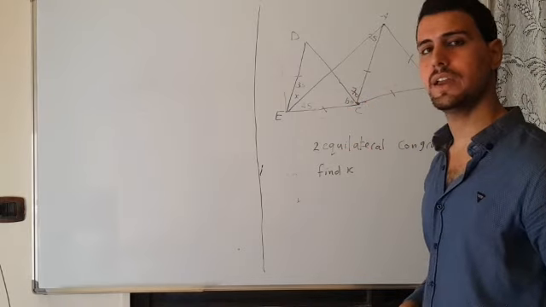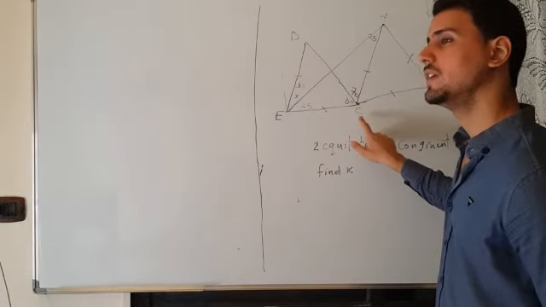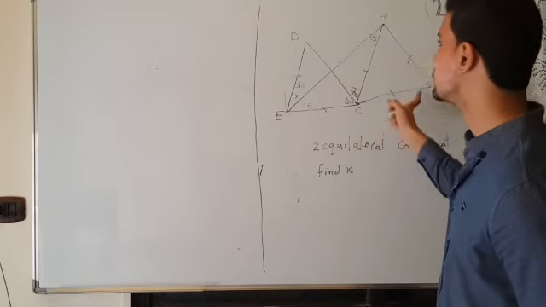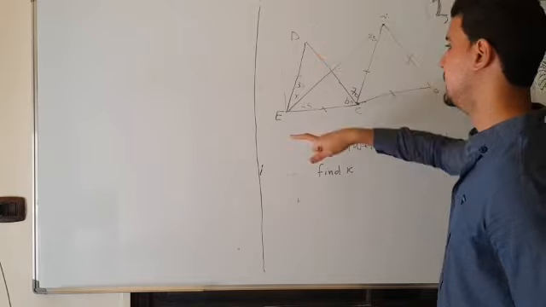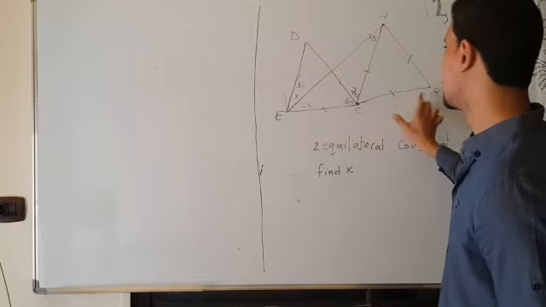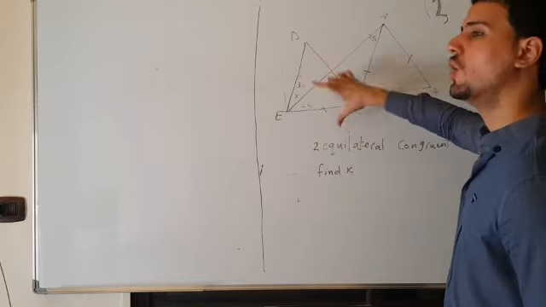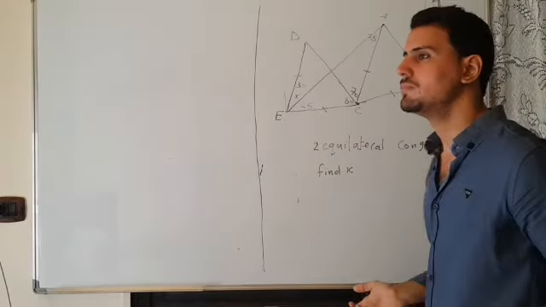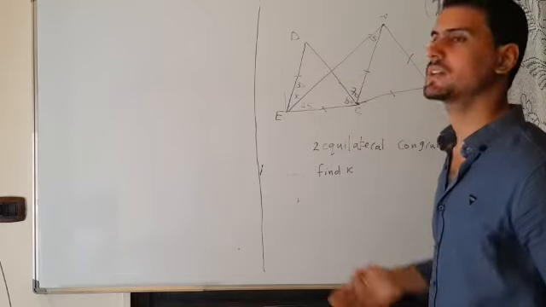What does it make C? Yes, it makes it the center of a circle through B, A, D, E, because it has the same distance from each of the vertices. Alright? Okay, that's good, but how could this help me find x?